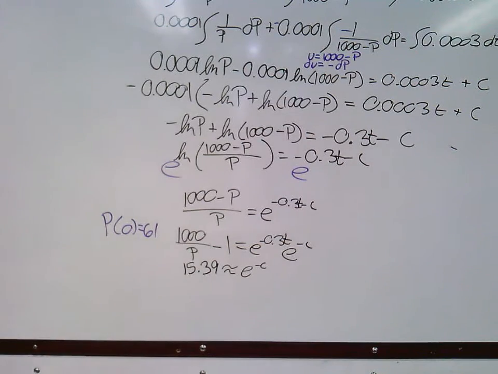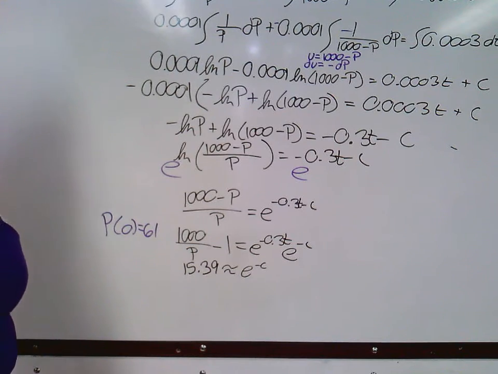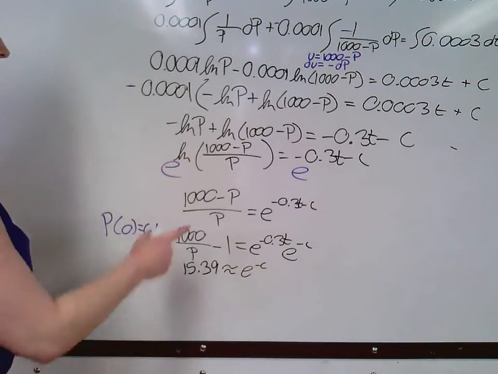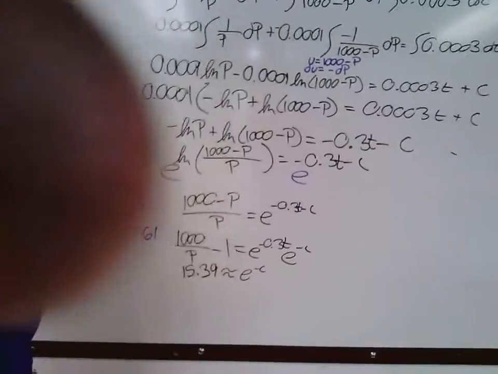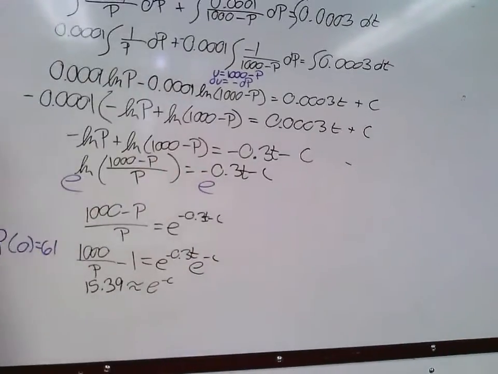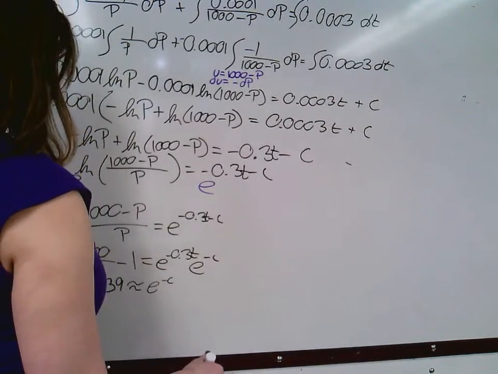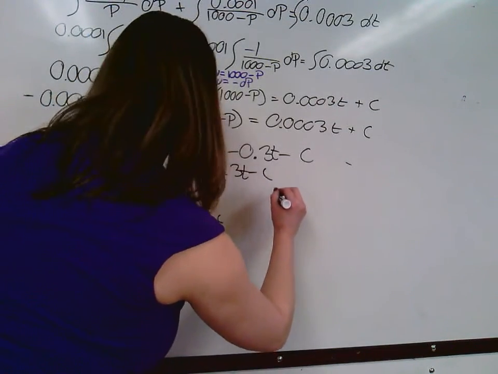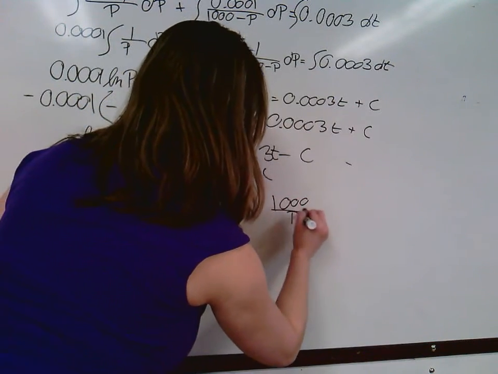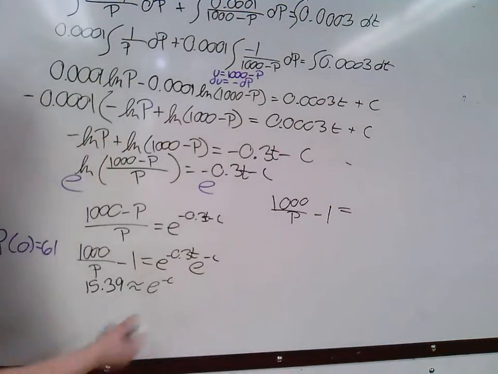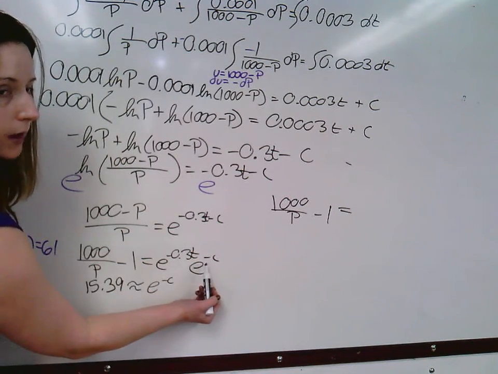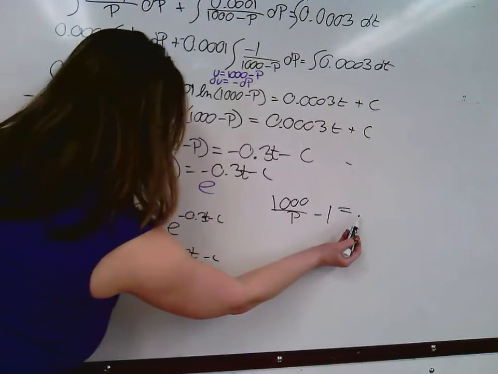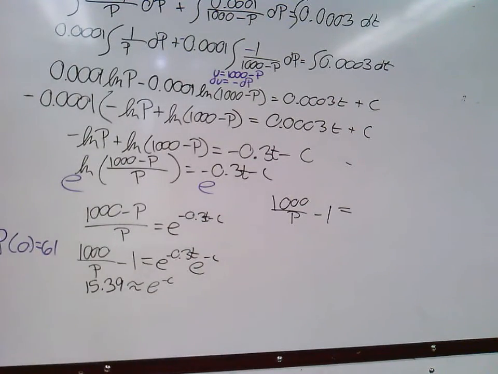Okay? Now that we found e to the negative c, we're going to solve for p. Okay? So, I have 1,000 over p minus 1 equals, I don't want to put 15.393 after this, so I'm going to write this like it's e to the negative c times e to the negative 0.3t.